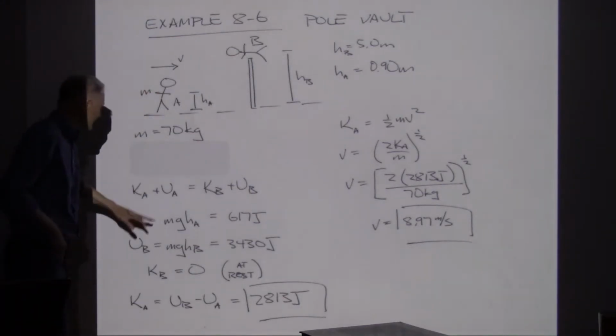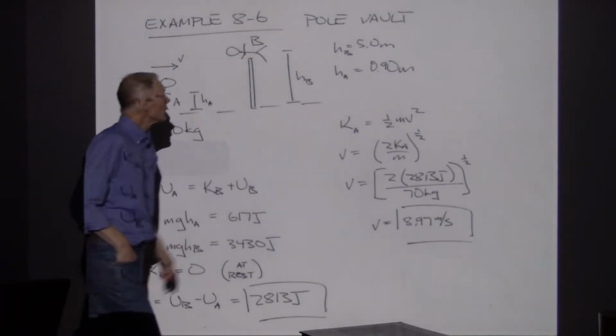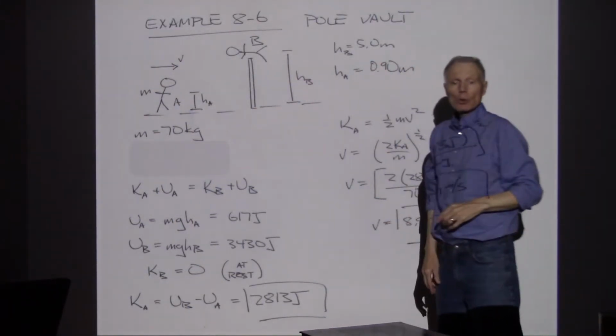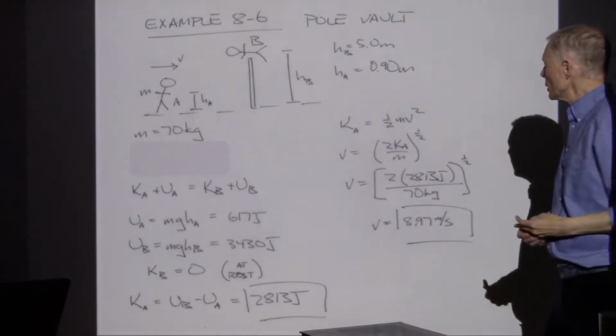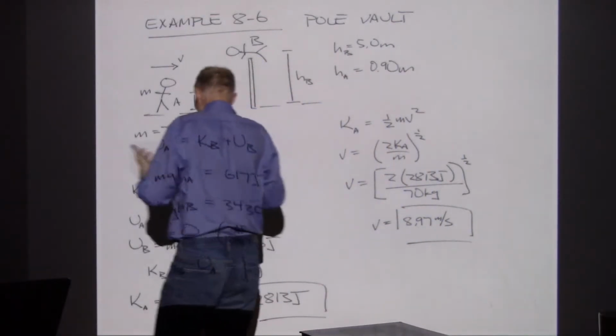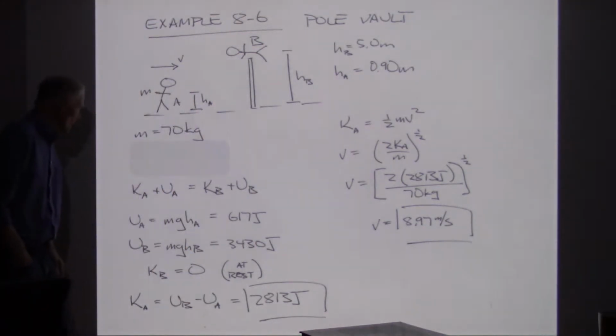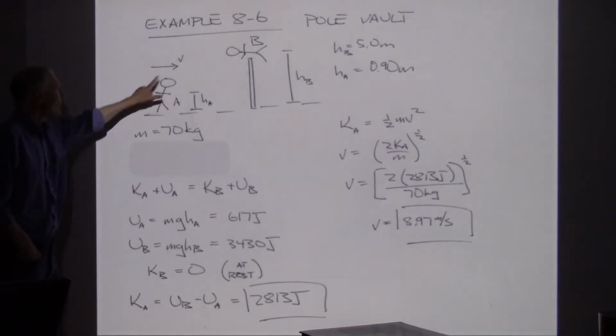And then once we're at the top, the distance from the ground up to the center of mass goes all the way up to 5 meters. That worked out to be, if I've got these numbers right, 3430 joules. So those are the two potential energies at point A and point B.